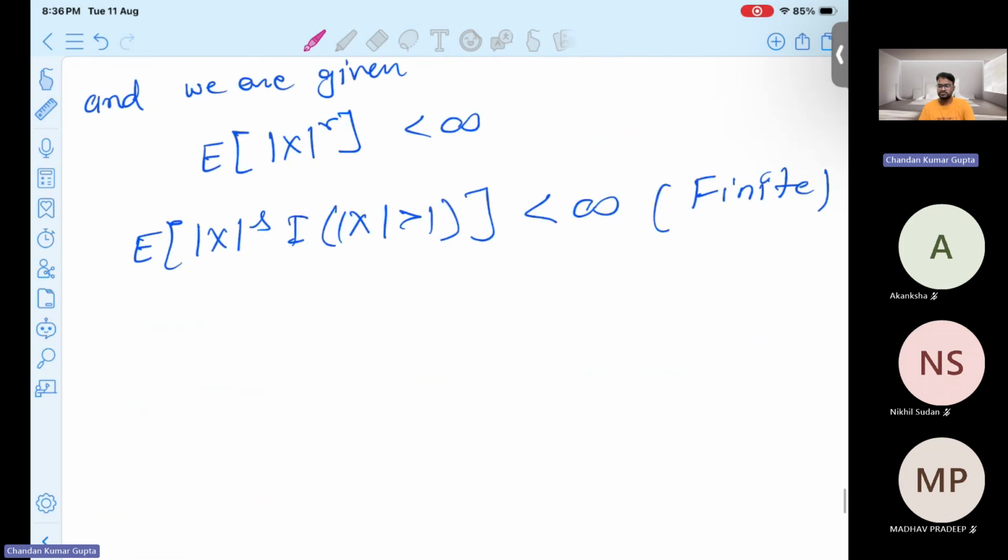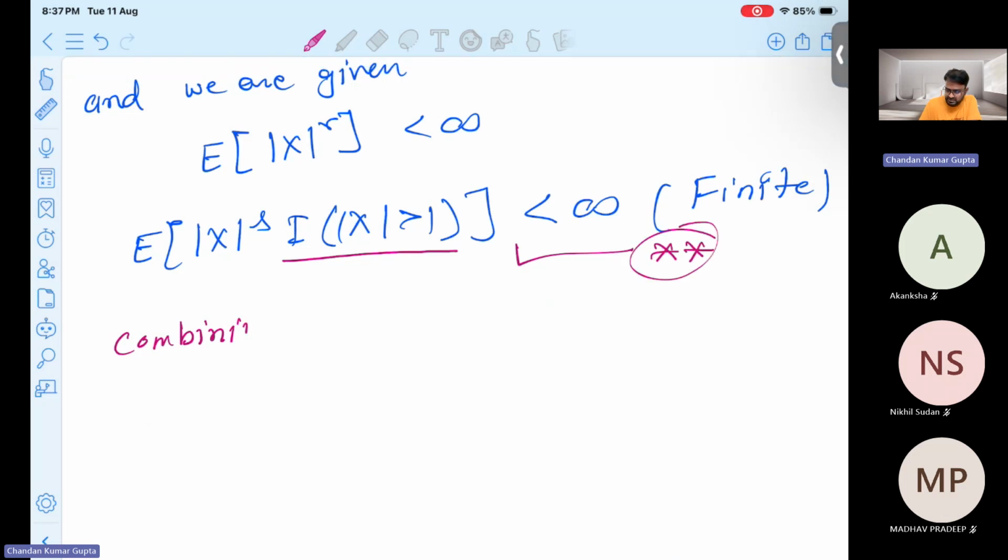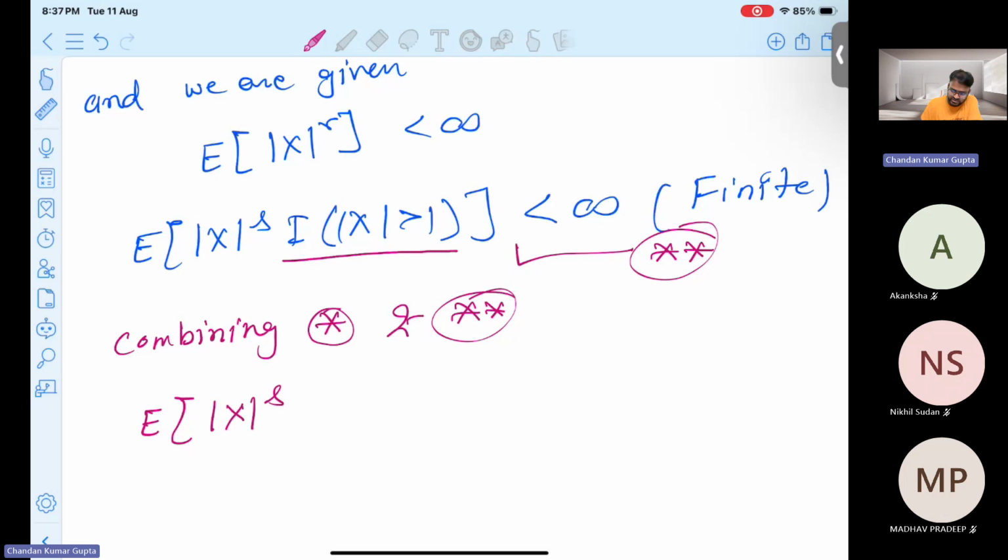Or in the greater than case also, it is finite. So two finite numbers can be summed and the result is finite. So this implies, combining star and double star, we can conclude the expected value of X to the power S is finite.